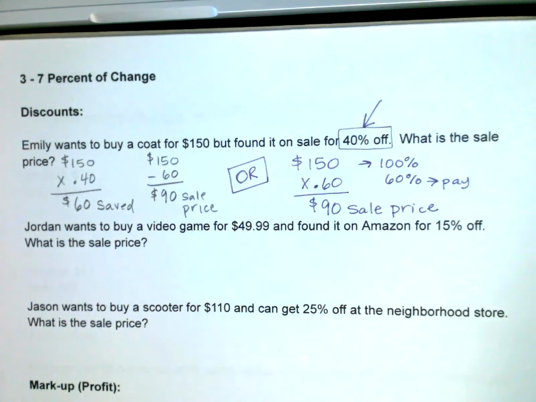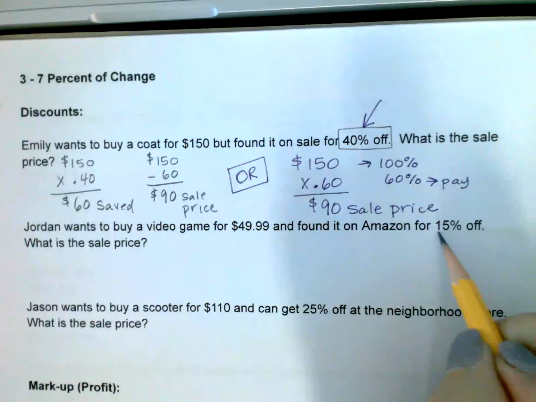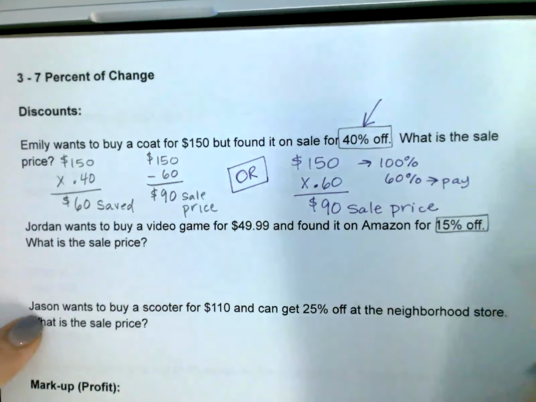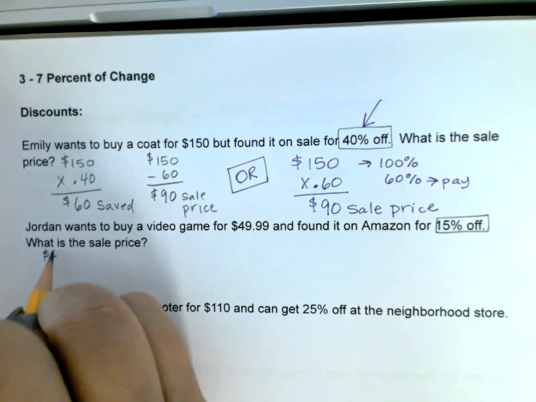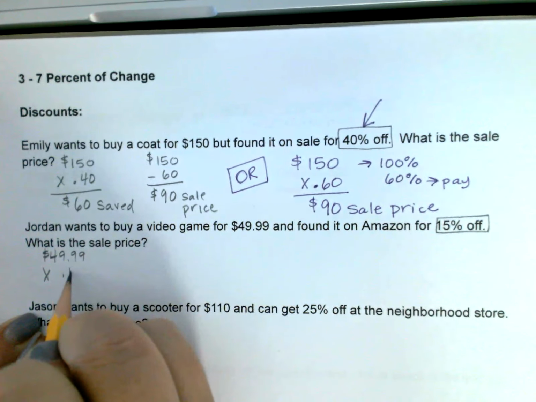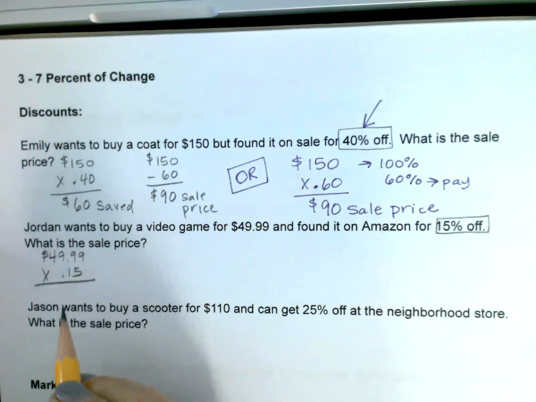All right, let's try this with the next one. Jordan wants to buy a video game for $49.99 and found it on Amazon for 15% off. So we could take the price of the video game, figure out how much money he's going to save, change the percent to a decimal.